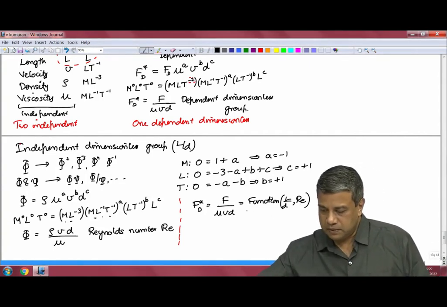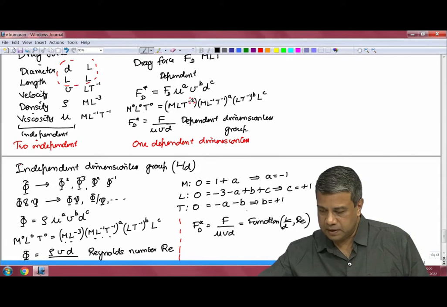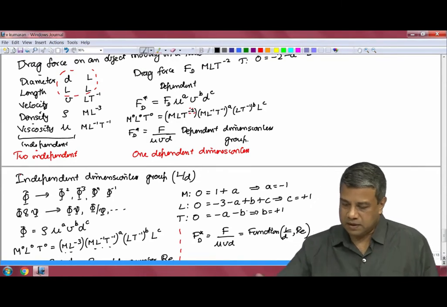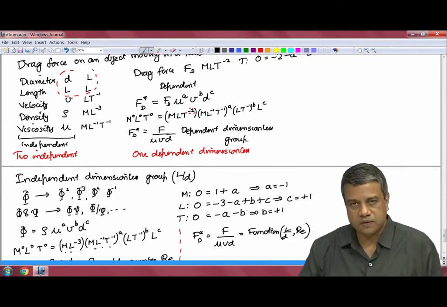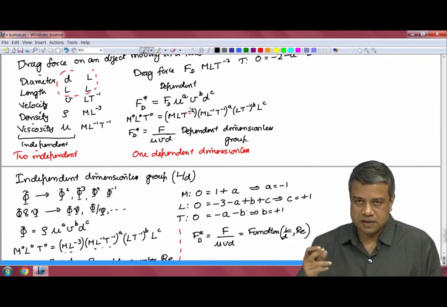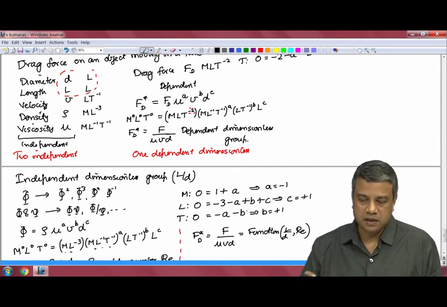Recall, when we had originally posed the problem, we had wanted to calculate the drag force. The drag force was a function of 5 different dimensional parameters: diameter, length, viscosity, density, velocity. So, there is a relationship between one dependent dimensional quantity, the drag force, and 5 independent parameters.